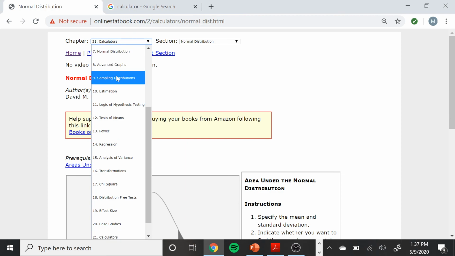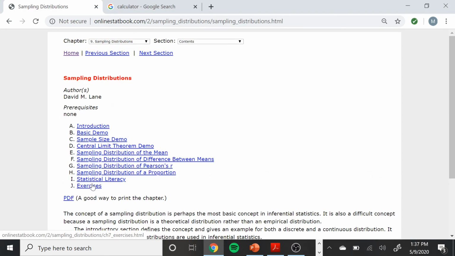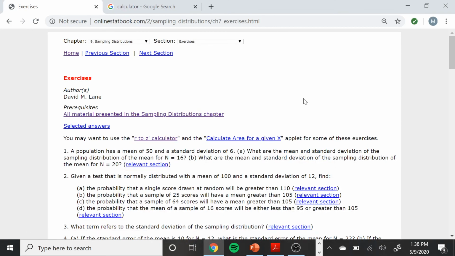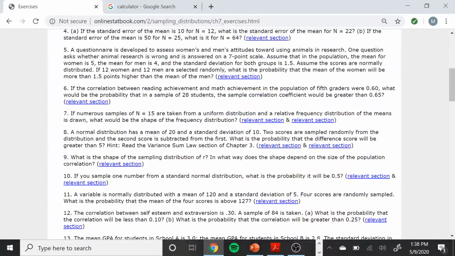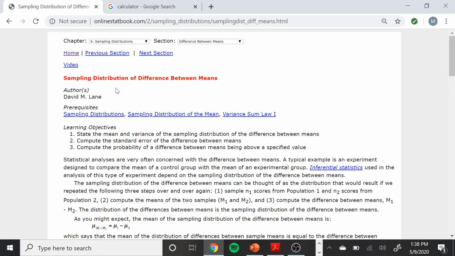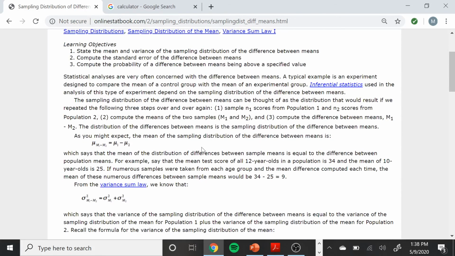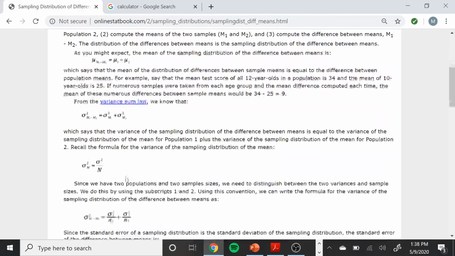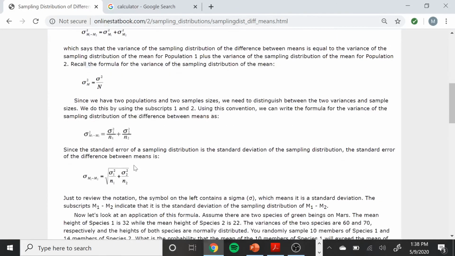If you go to the chapter you're working on and go to the exercises here, say you're having problems with number 5, for example. See, he's got this little relevant section. Use this like a hint. You can click on that, and you'll see at the top, difference between means. You're like, oh, aha, I'm supposed to be using this, and you can really quickly review.